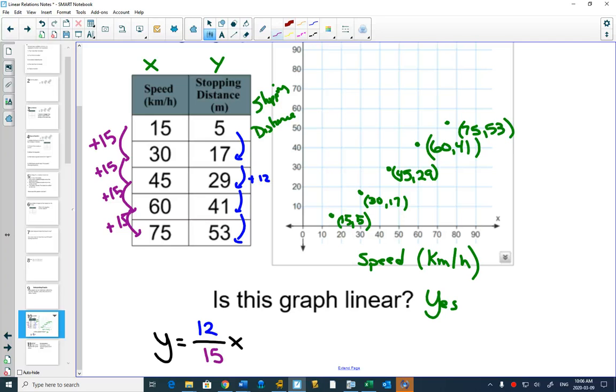And then if you plugged in a number, if I plugged in 15, 12 times 15 divided by 15 would be? This is easy without a calculator. What's 15 divided by 15? Okay, so 12 times 15 divided by 15 would be 12 times 1, which would just be 12.